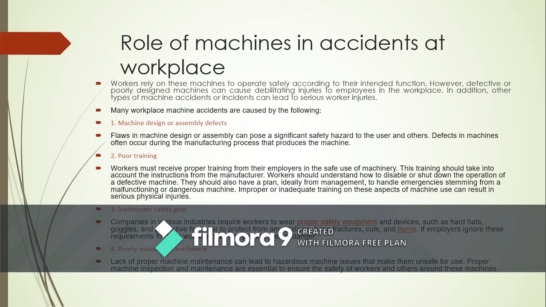Next is the role of machines in accidents at the workplace. Every workplace has a few machines, and workers rely on these machines to operate safely with the intended objective of producing something. However, defective or poorly designed machines can cause injuries to employees at the workplace.